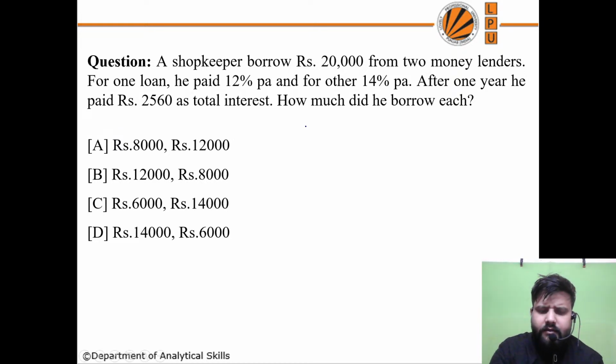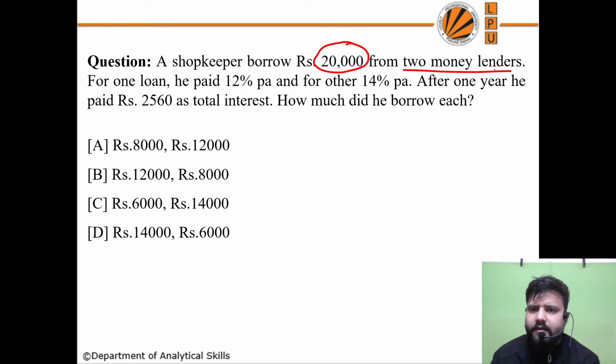Okay, let's see this question. Don't worry, I'll tell you two methods to tackle this. First is the basic one, using only a variable. A shopkeeper borrowed 20,000 from two money lenders.